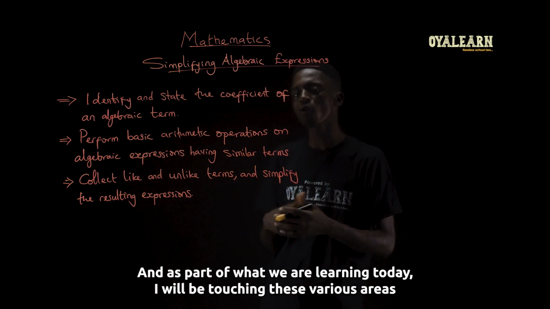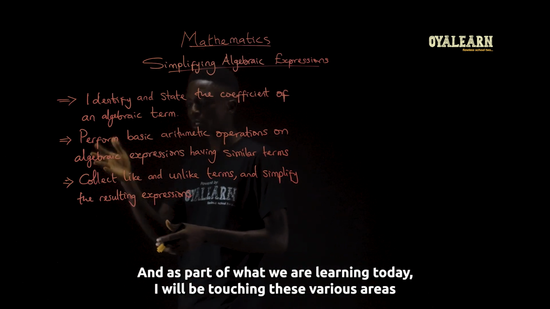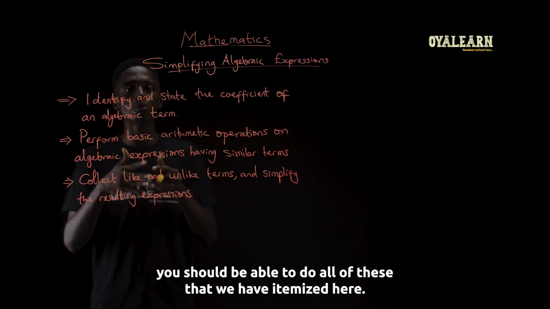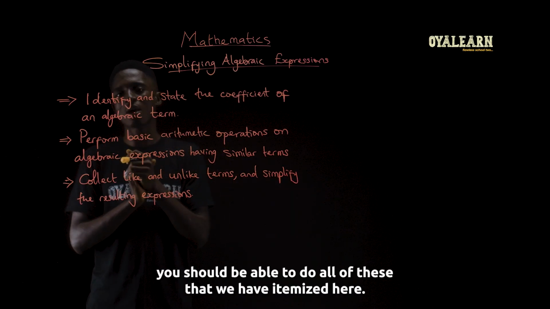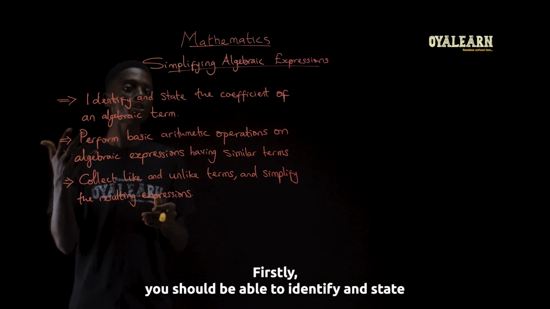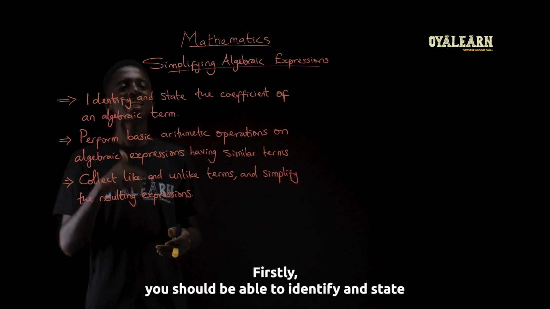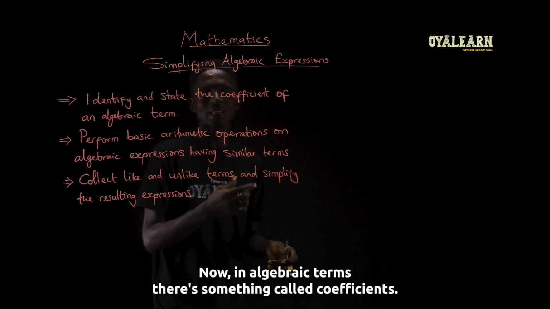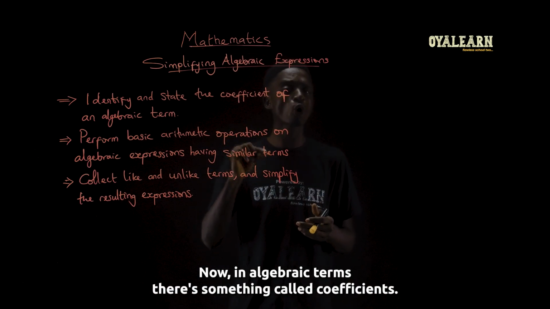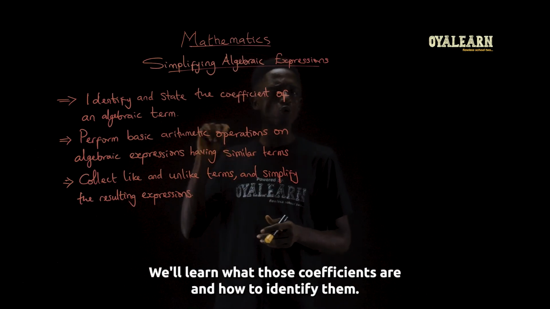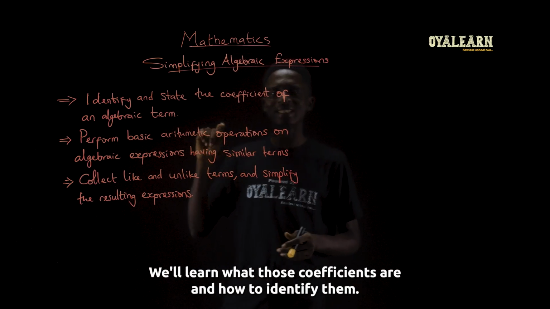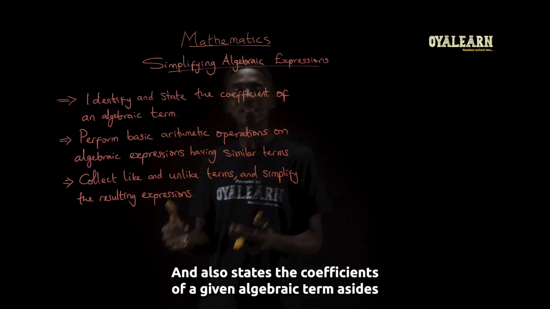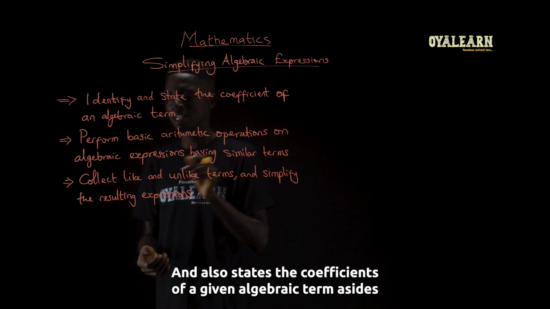As part of what we are learning today, I will be touching on these various areas, because by the end of this video, you should be able to do all of these that we have itemized here. Firstly, you should be able to identify and state the coefficient of an algebraic term. In algebraic terms, there's something called coefficients. We'll learn what those coefficients are, how to identify them, and how to state the coefficient of a given algebraic term.